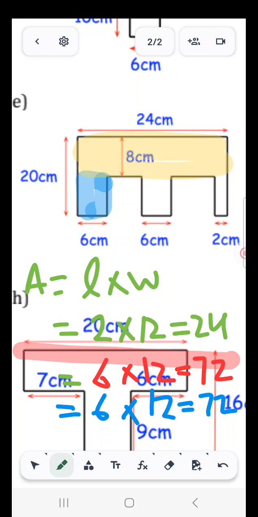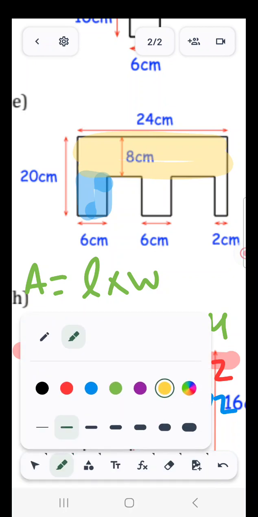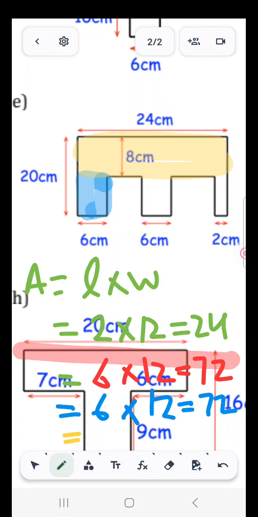Since I have less space, I will utilize the top part which is still empty later on. You can see 24 is here, and we have already realized that it's 8 here, 8 here.